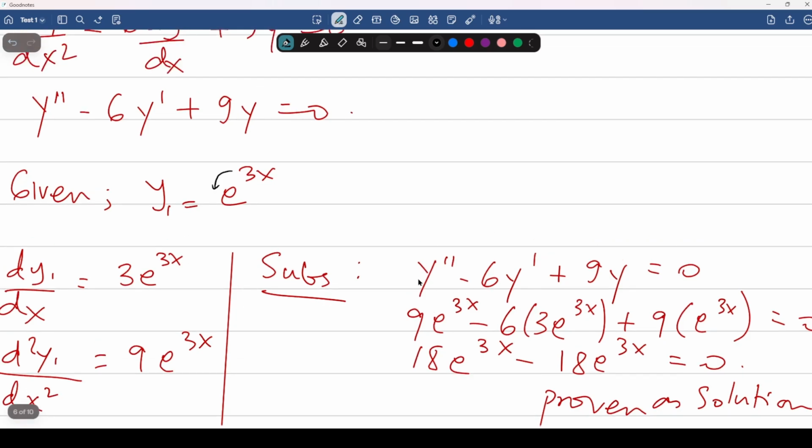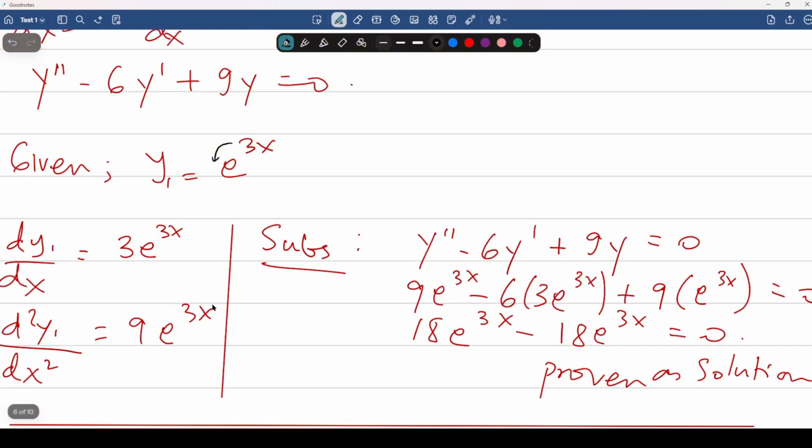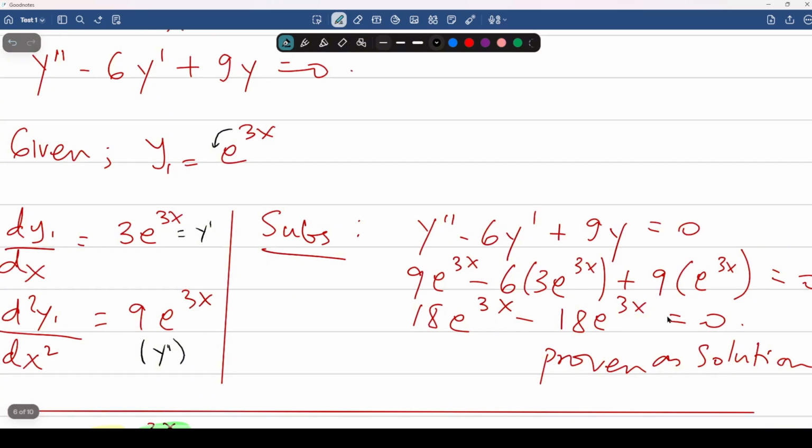So we start by doing the substitution. The expression is y double prime minus 6y single prime plus 9y. So y double prime is 9e to the power of 3x, and then negative 6 times y single prime, which is the first derivative.